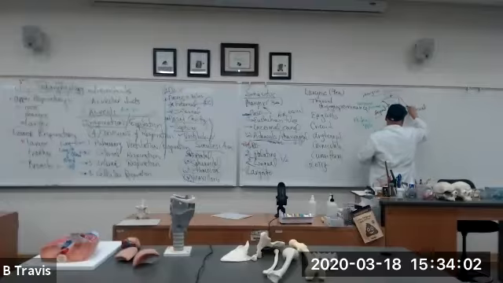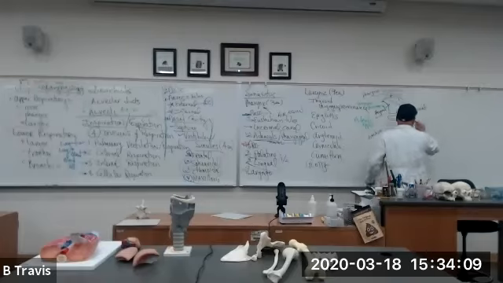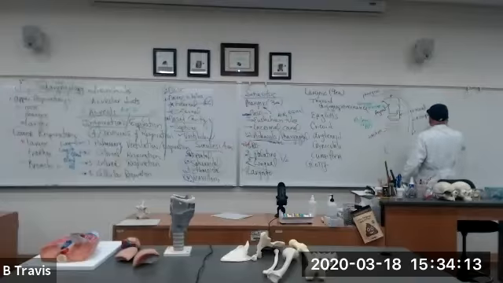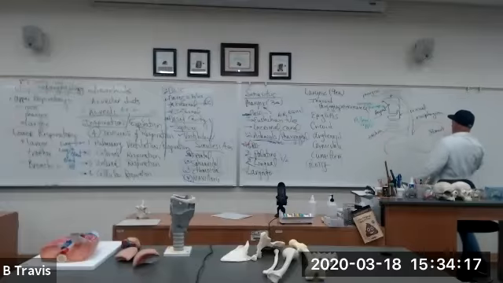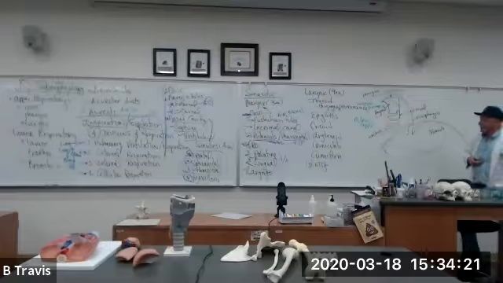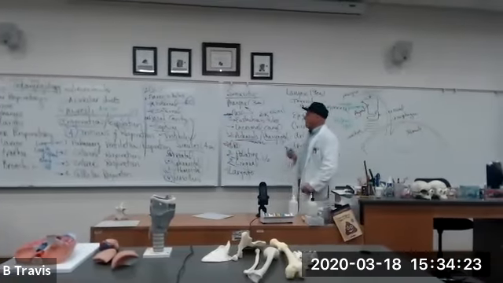When you swallow, you have a tube here called the esophagus, and it goes down to the stomach. And then right here, we have the diaphragm. It separates the thoracic from the abdominal cavity.